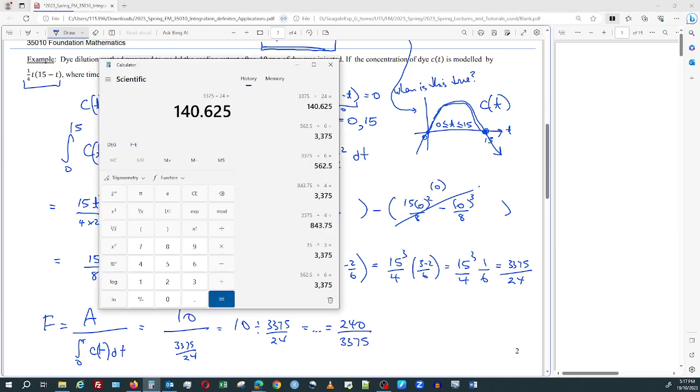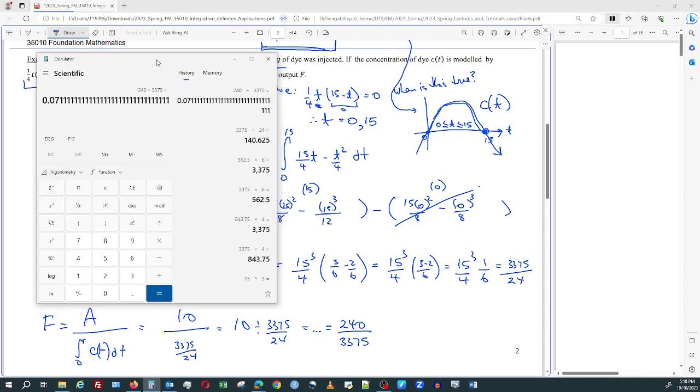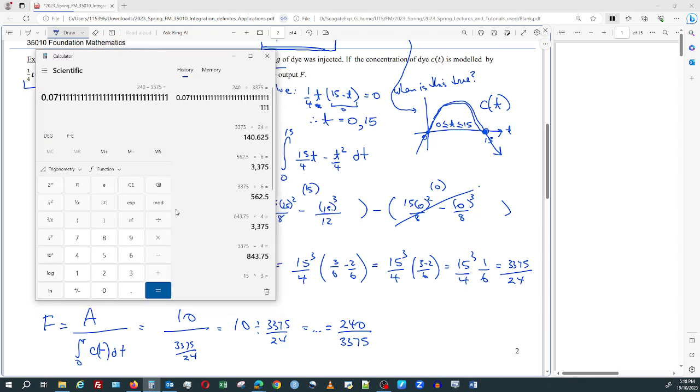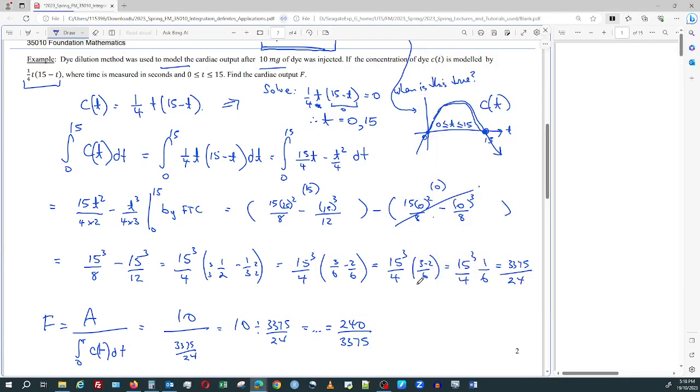So let's have a look at that. I'm not liking that. Not liking that at all. So I'm just going to put this over here for a minute and have a look at this. Just going over this a little bit. Minus 2 is incorrect.